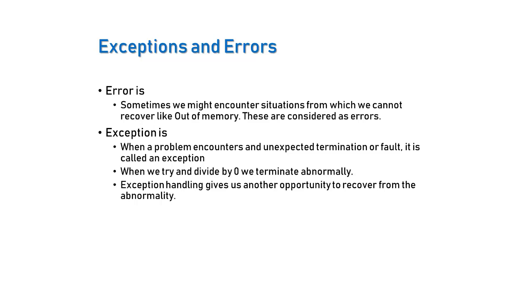Exception is used when a problem is encountered; the program is expected to execute, but an unexpected termination or fault occurs, which is called an exception. When we try to divide a number by 0 as a denominator, this causes abnormal termination of the program. Exception handling gives us another opportunity to recover from abnormal termination.